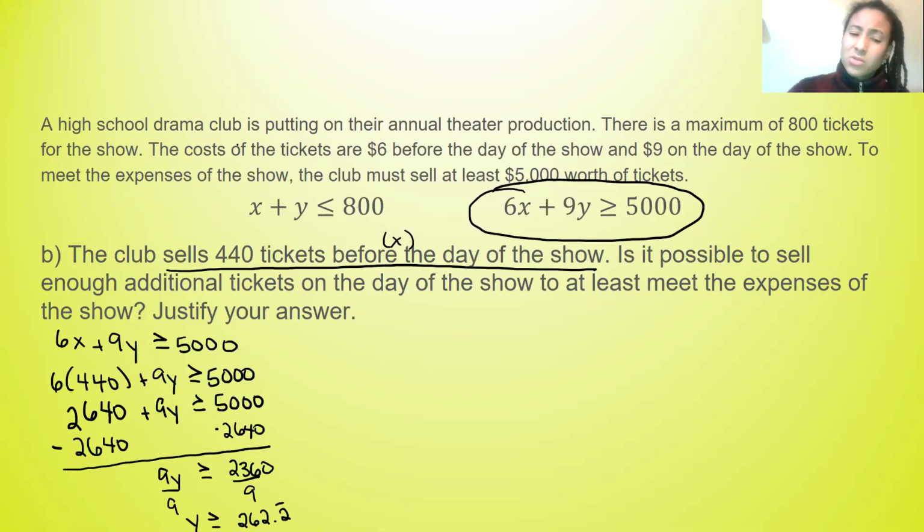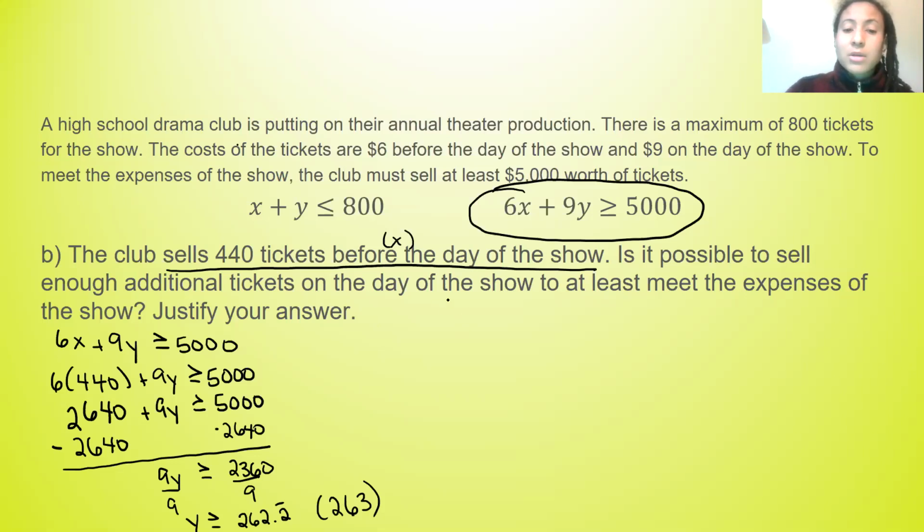But can I sell 262.2 tickets? Is that possible? No. So this will round to 263 tickets. Okay, because it says y has to be greater, so we have to sell at least 263. Now, we are not done. We want to know if we have enough additional tickets on the day of the show.